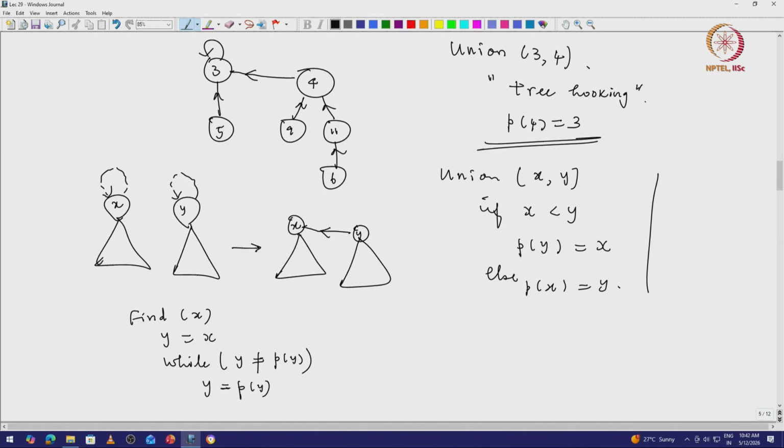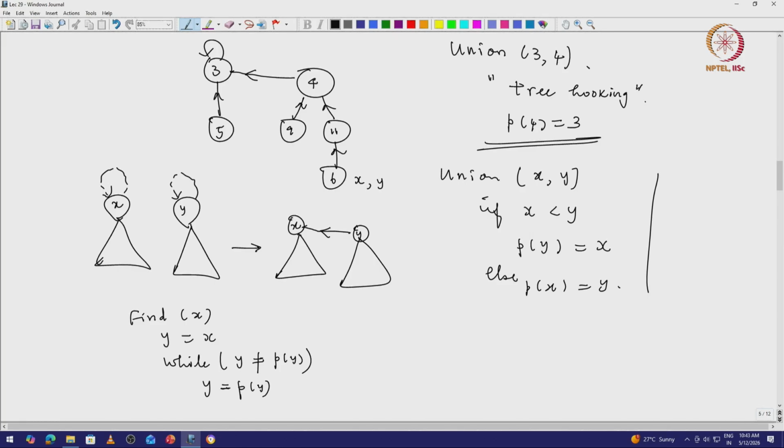There you check its parent value. For example, if this is x, find 6, and initially y equal to x. Is y and parent of y same? No. Y is 6, parent of y is 11. Therefore, it is not same.